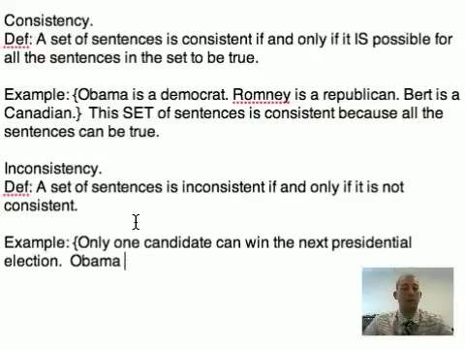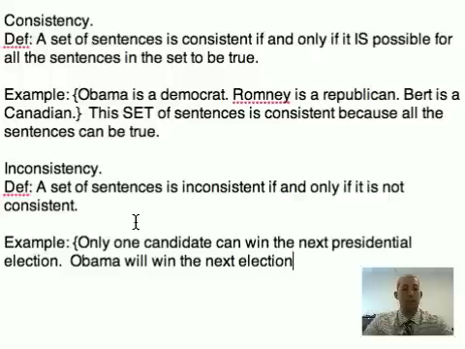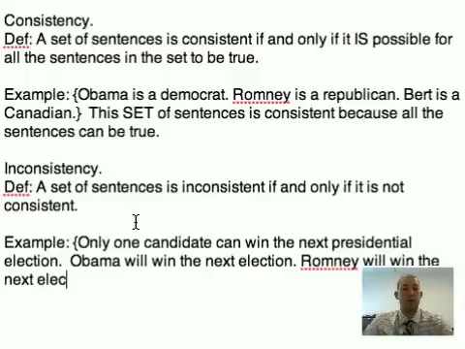Obama will win the next election, and Romney will win the next election. This set is inconsistent. Why? Because not all of the sentences can be true. The reason is that not all of the sentences in the set can be true at the same time.